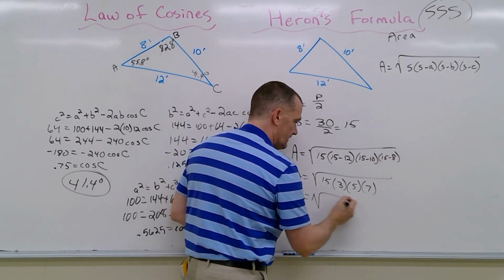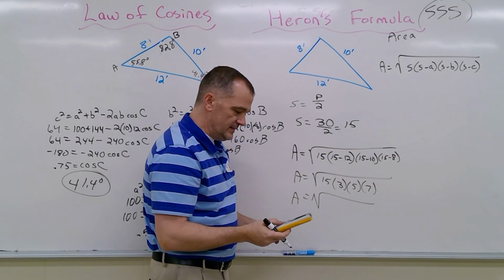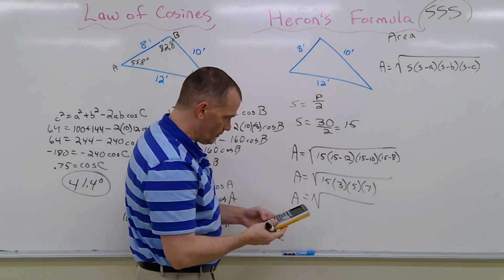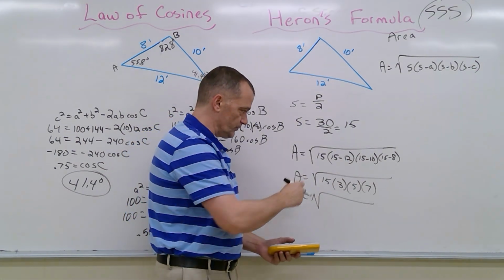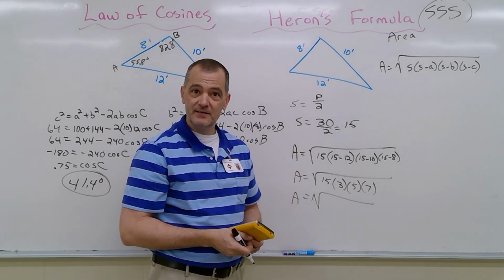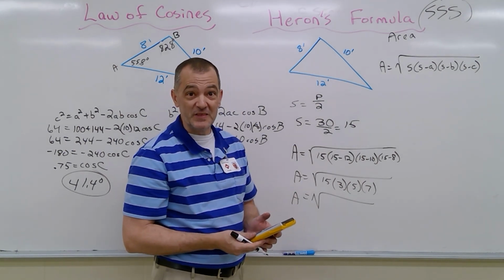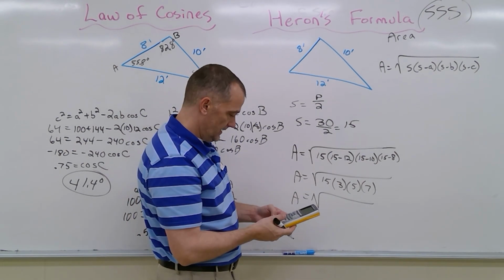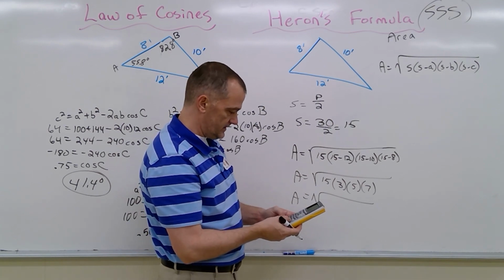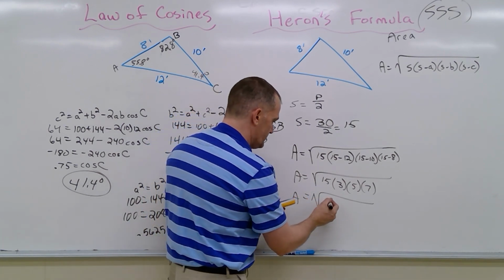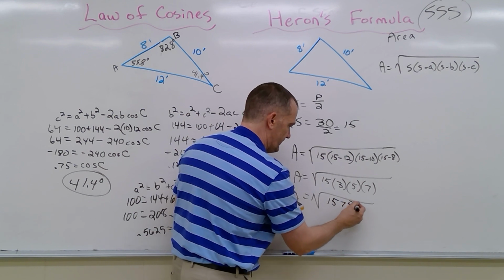So the area of this triangle is nothing more than the square root. And this would be really fun to break it down. I'm going to do 2 things with this one because it's just so much fun to do. This is 15 times 3 times 5 times 7, which is the square root of 1,575.